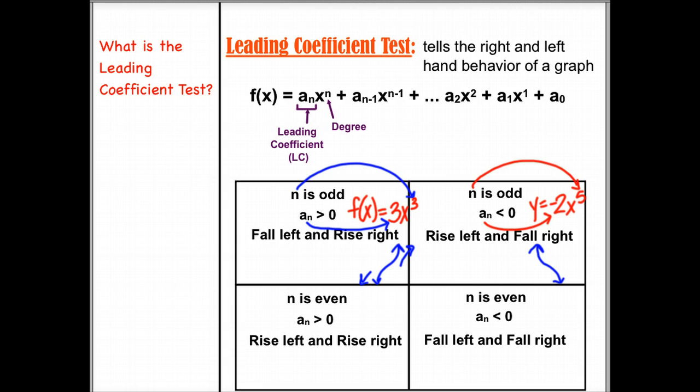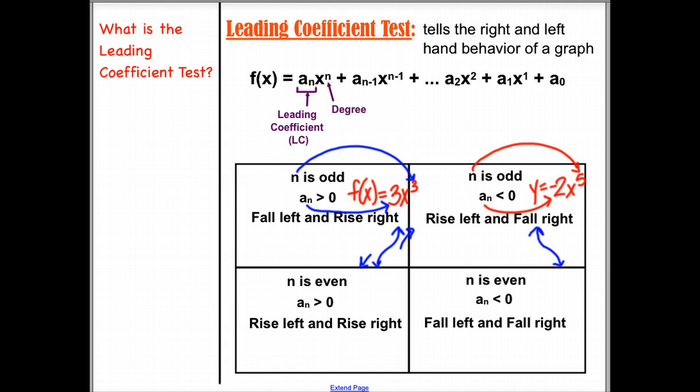Now on the other hand, if n is even and a sub n is bigger than 0, so for instance, say you had y equals 4x to the 4th, or y equals 2x squared.